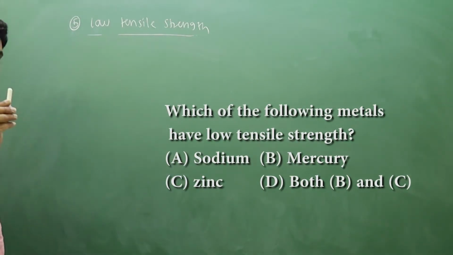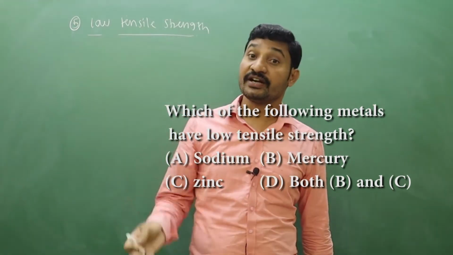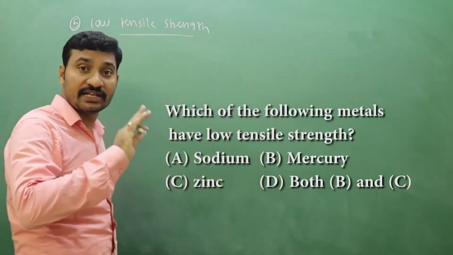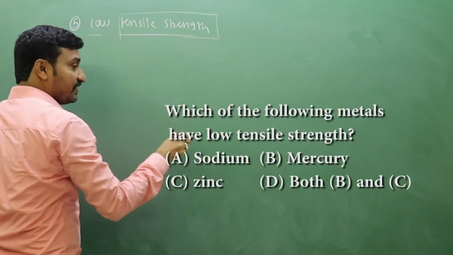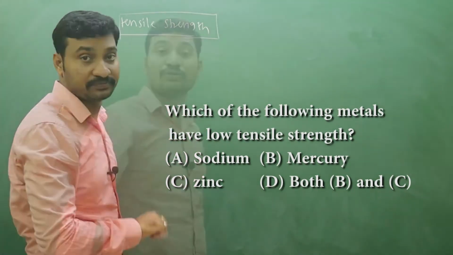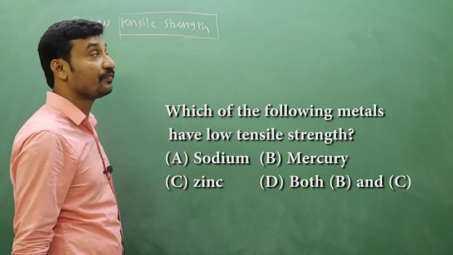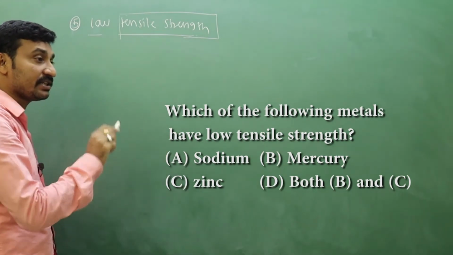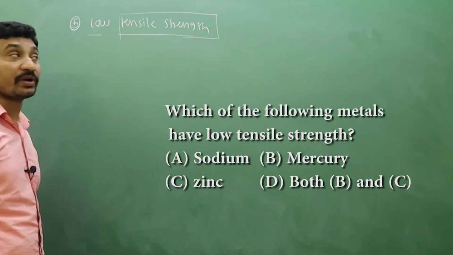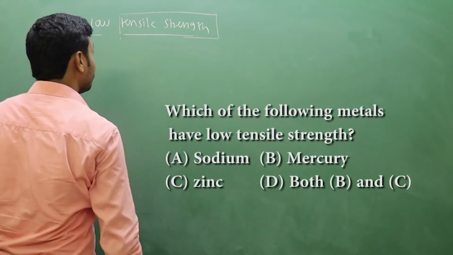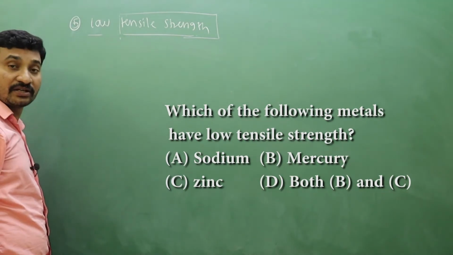A material which has high resistance to breaking under tension has high tensile strength. The material which has low resistance to breaking under tension has low tensile strength. So low tensile strength means low resistance power to breaking under tension.